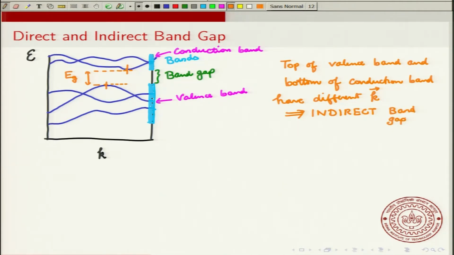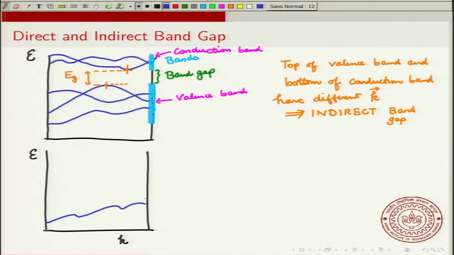Now, you could have another material where things are slightly different. So, again the E versus k. You might have a relation that looks like this. And now, the bottom of the conduction band and the top of the valence band are directly below each other.